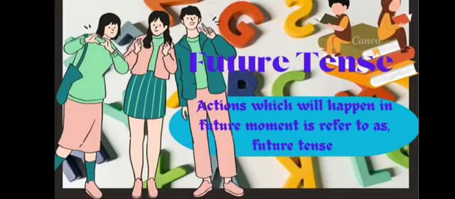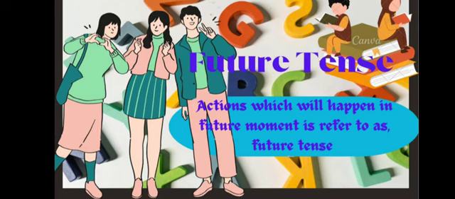Here we have the future tense. What is future tense? Actions which will happen in a future moment are referred to as future tense. So again I will move on to our example. If I ask you what you are going to do after watching my video, someone will say that I am going to read it out again, or I am going to play, or I will do this and that.